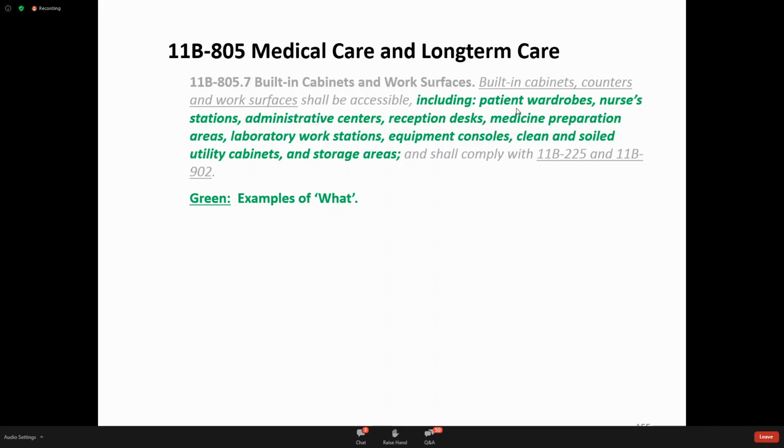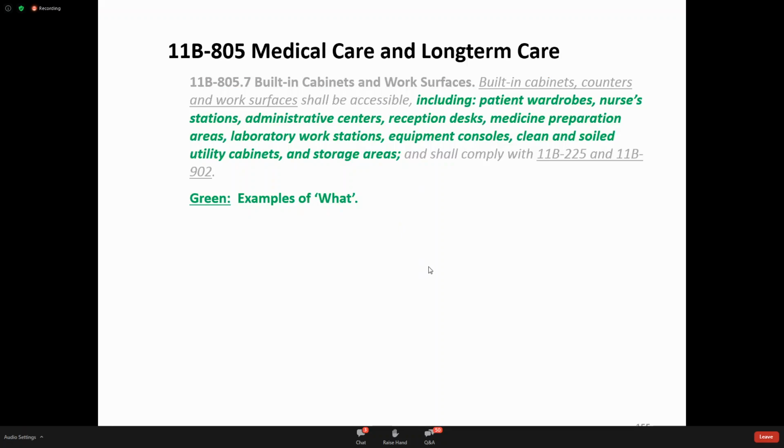It's patient wardrobes. And then the rest of those are all staff things. It's the nurse station, administrative center, reception desk, medicine preparation area, laboratory workstation, equipment console, clean and soil utility cabinets, and storage areas.